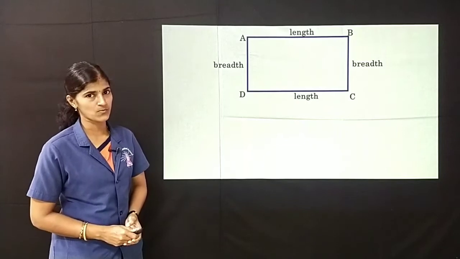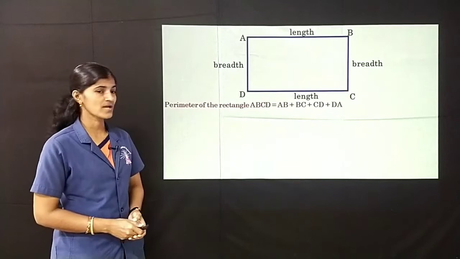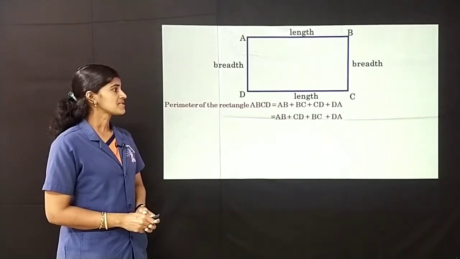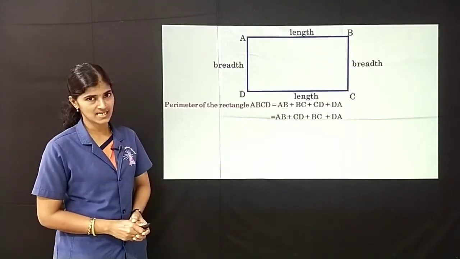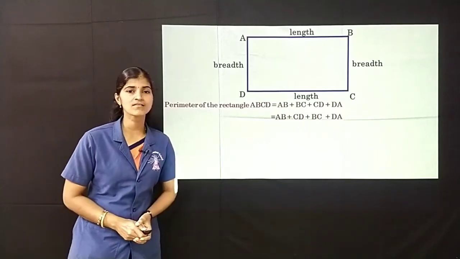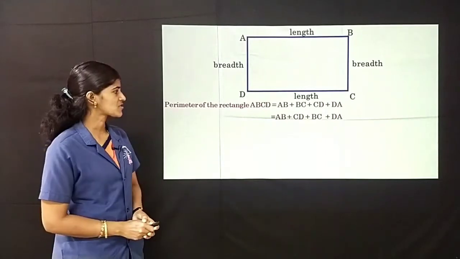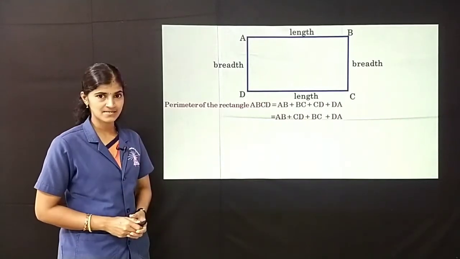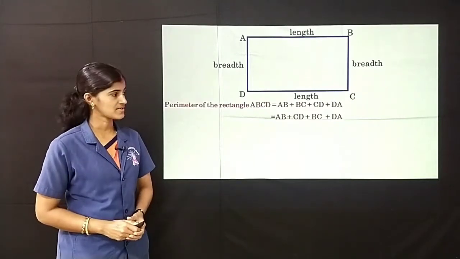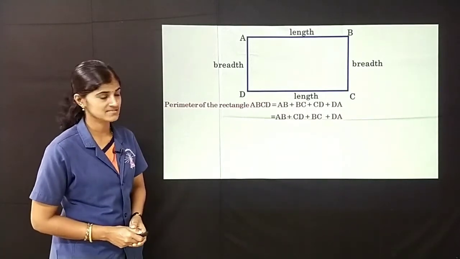So, how we can get the formula? Perimeter of a rectangle ABCD is equal to, as we know that it is a sum of all the sides, AB plus BC plus CD plus DA. Now, if we take all the lengths on one side and the breadths on the other side, AB is the length and CD is also a length, so those two we have taken together, plus BC plus DA, both also the breadths.